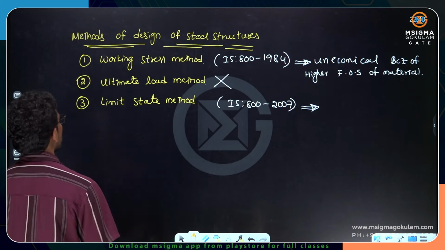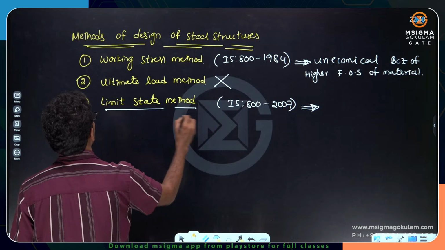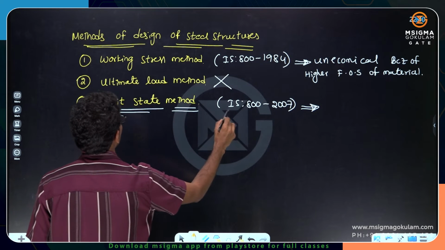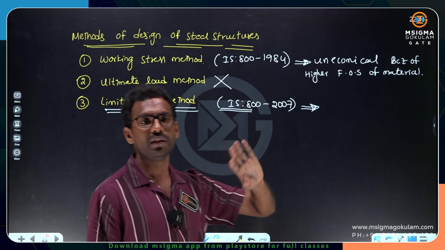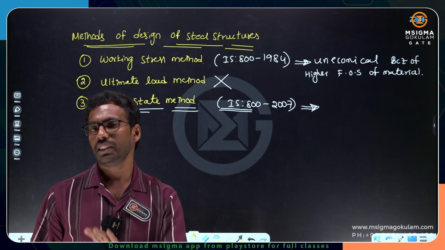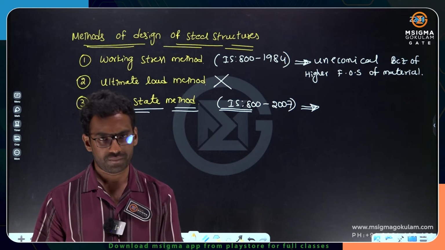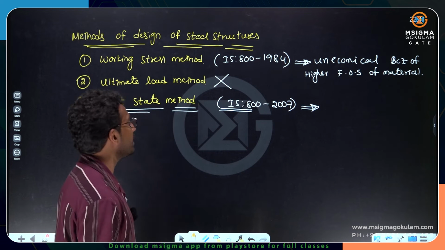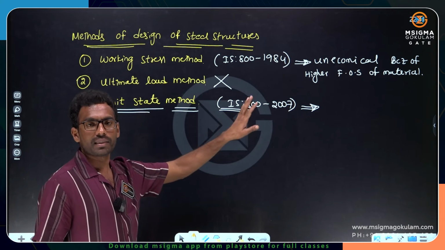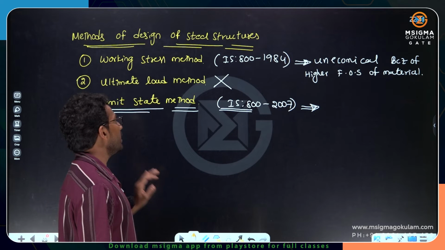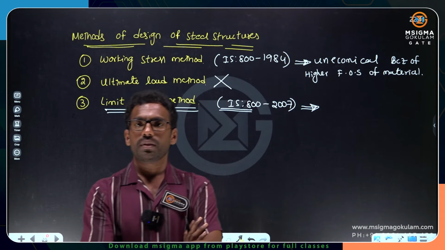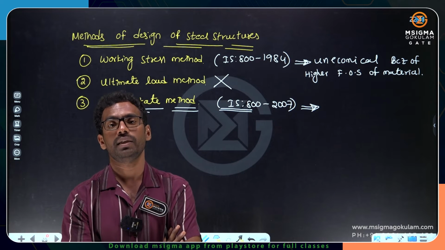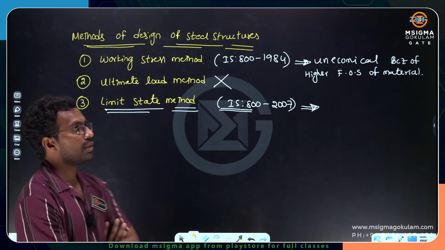Now coming to the limit state method, this is our concern now. This is very, very important for us. This is the latest method available at present for the design of steel structures in India, and we strictly follow the recommendations of IS 800-2007. Now, my friends, the limit state philosophy is quite interesting when compared to the working stress method.